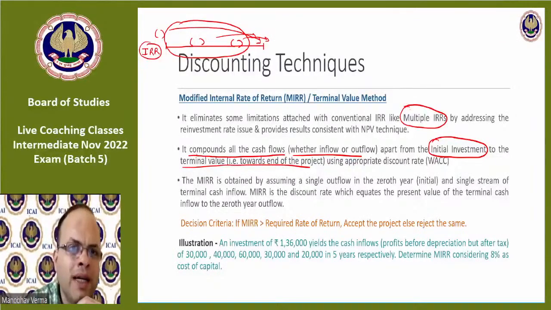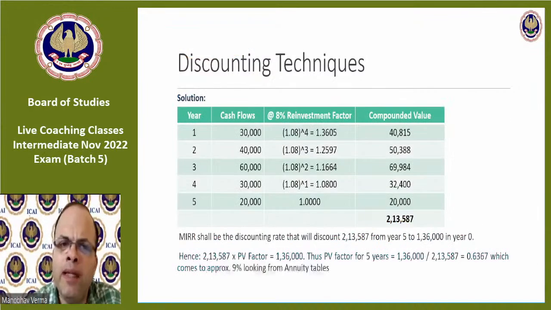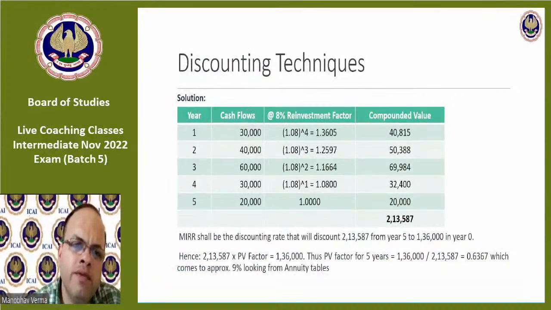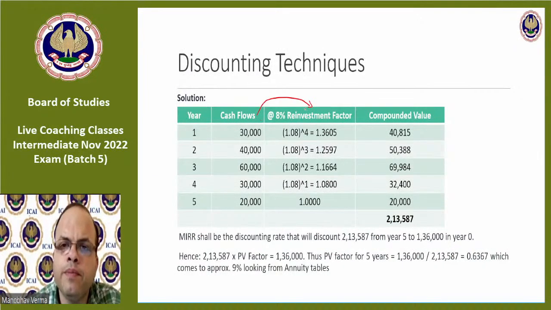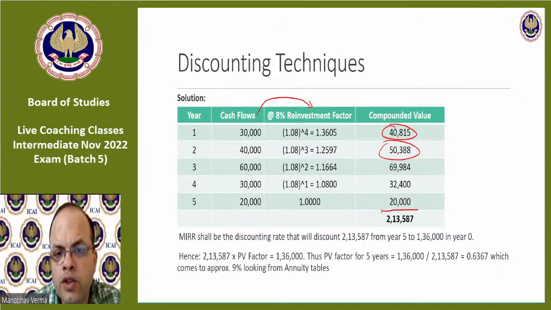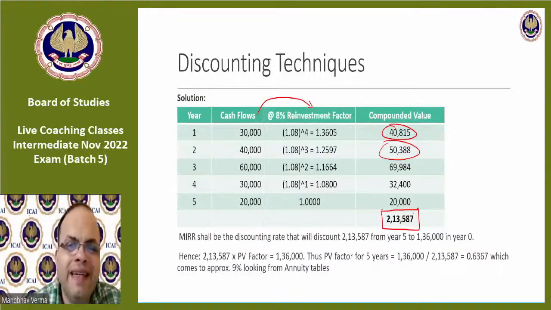Guys, what did I talk about in MIRR? We are talking about compounding these. So can we see the cash flows are compounded towards the end of the project here? This is the compounded value, guys. This is after 4 years, 3 years, and so on. The total compounded value is 2,13,587.